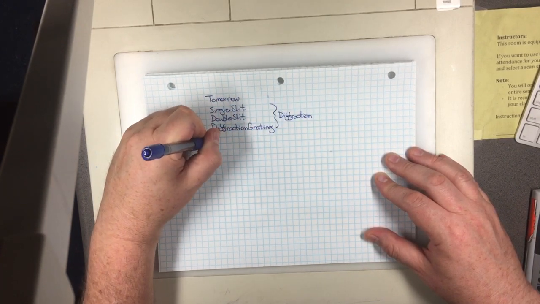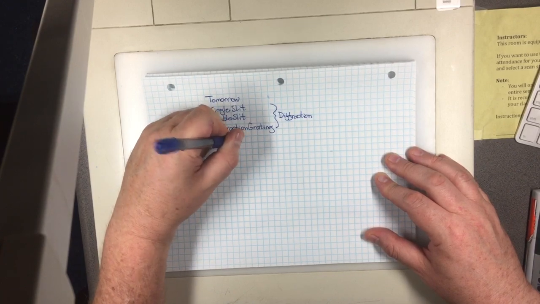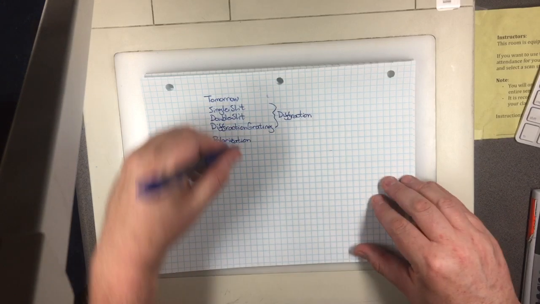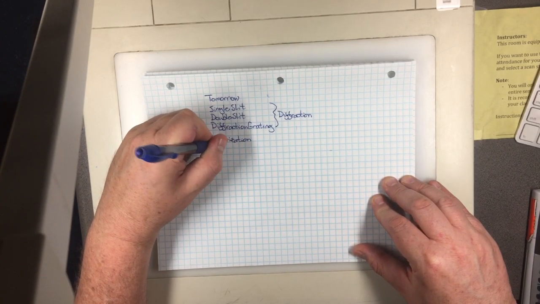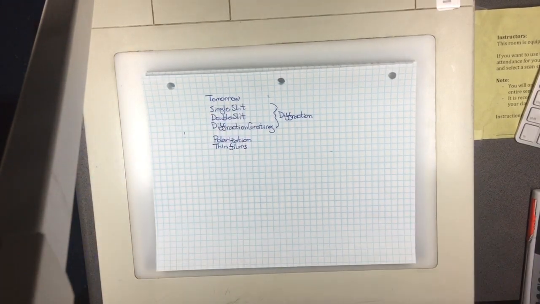We will cover polarization, and technically tomorrow is a review day because, oh my goodness, we're covering a lot. And thin films. So we gotta kind of book it tomorrow.